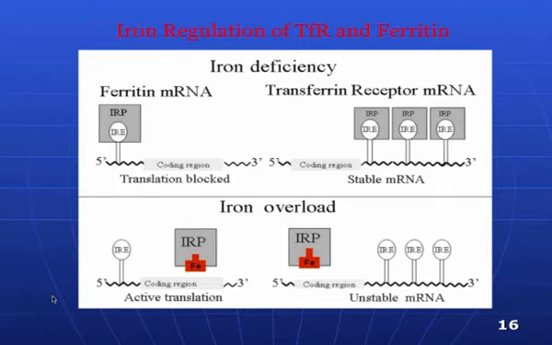In other words, it can be degraded by RNases. So in high iron, transferrin receptor levels go down. Because the RNA is more quickly degraded.